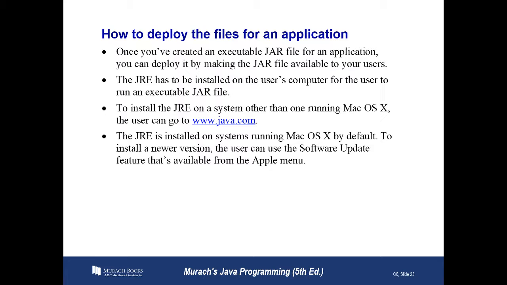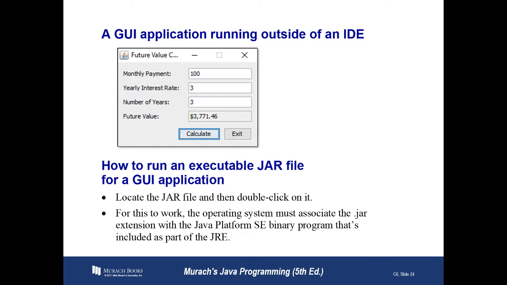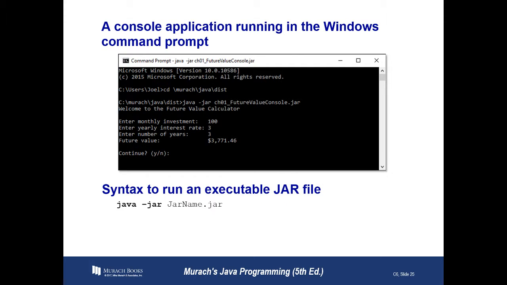If we're running on Windows machine, we need a command prompt window if we're running a console-based application. Now, if we're running a graphical application, we can just double-click on the jar file to execute it. But a console application like ours, we're going to need to go to a command prompt and enter a command like this to run our jar file.